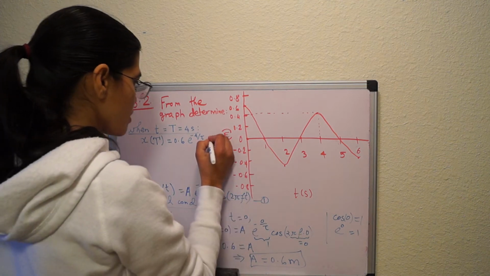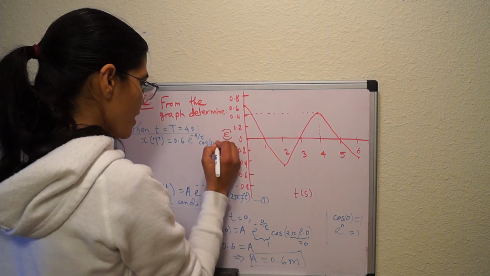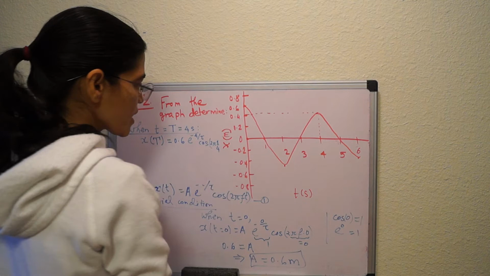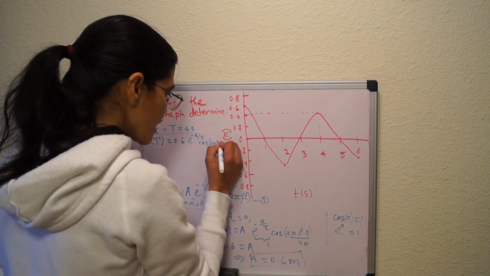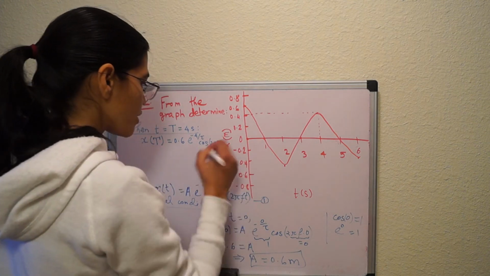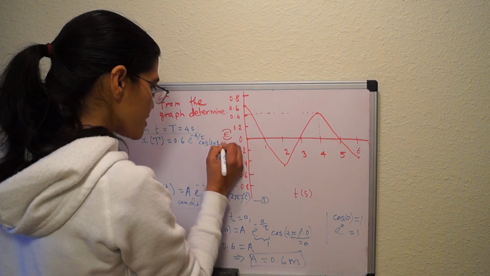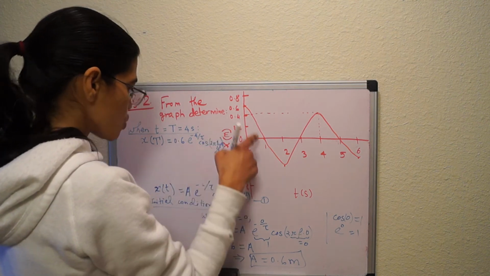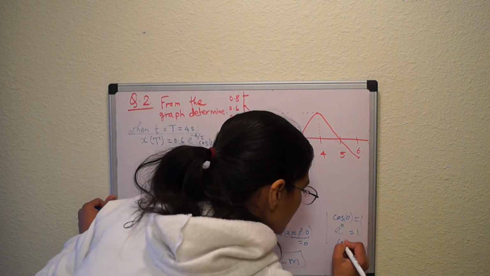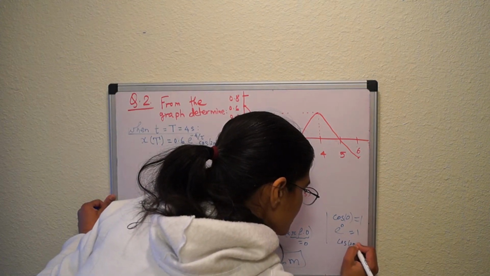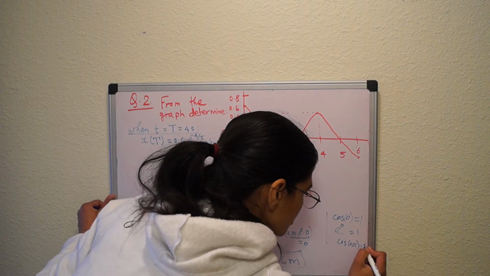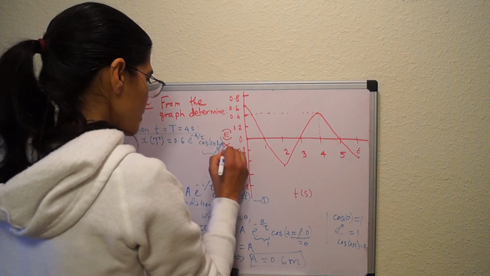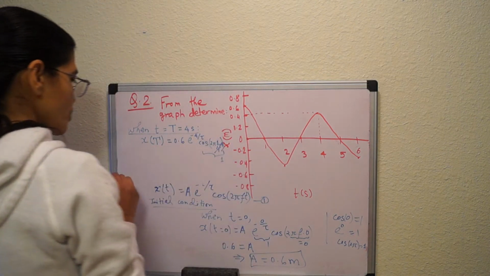Our f was 1/4, frequency, times this T, the period, which is 4. You guys see? So this 4 and this 4 cancel out, so we have cos 2 pi. Remember, cos 2 pi is again equal to cos 0, which is equal to 1. So this whole quantity becomes 1, and we are left with something.